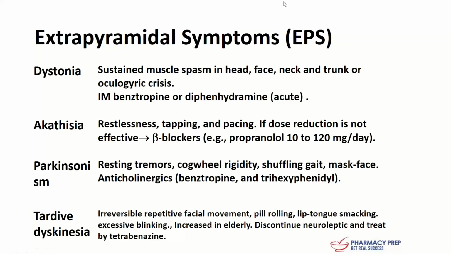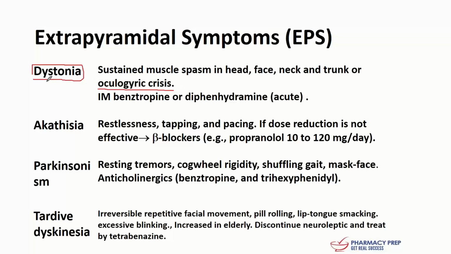Next come the question alerts on extrapyramidal symptoms. There are 4 symptoms combined called extrapyramidal symptoms. The first one is dystonia. Dystonia is a kind of sustained muscle spasm in the neck, trunk, or also the eye. It could be oculogyric crisis, which means the eyeballs can stick upwards a lot of times.